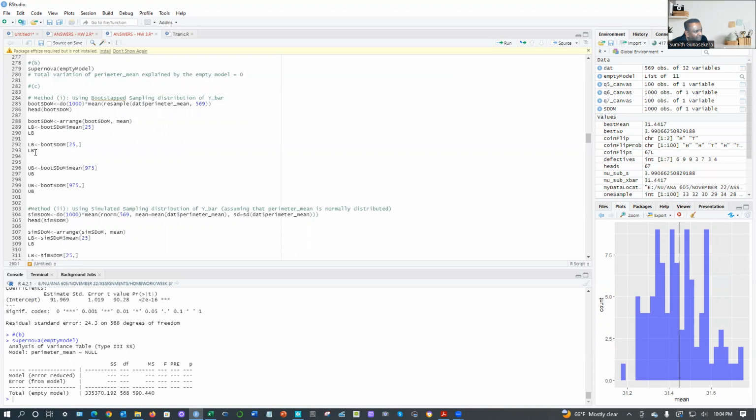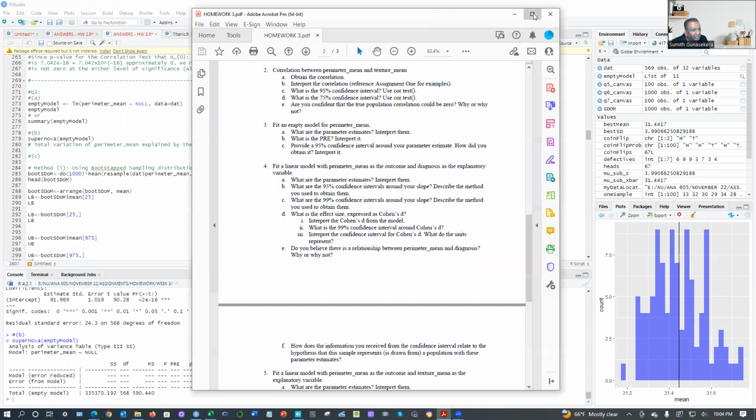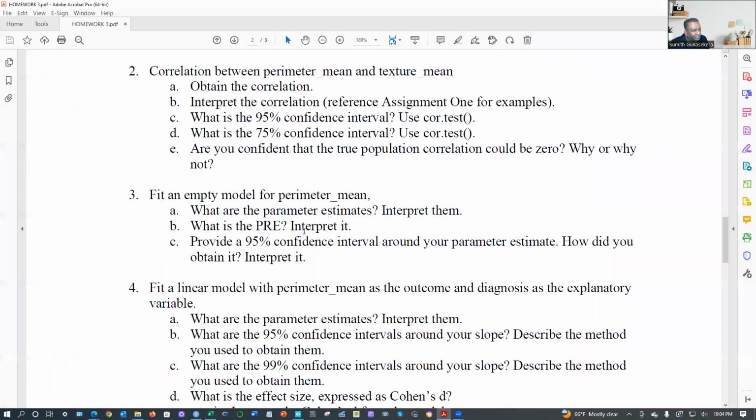That's my idea. So here, part C. They say part B, A, B. What is pre? You can interpret it by running. Here, I'm on part C: confidence interval around your parameter estimate. For whom?